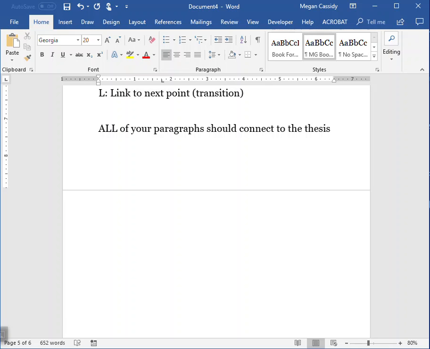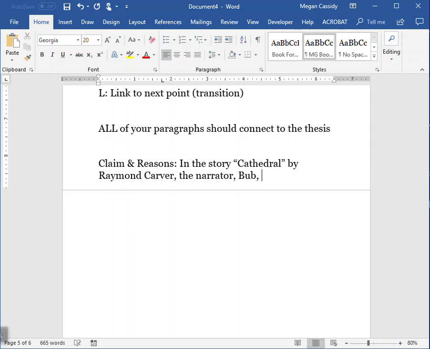So I'm going to make a claim here about the other story you read, which is Cathedral. So I'll have my claim and my reasons. In the story Cathedral by Raymond Carver, the narrator, Bub, has an emotional catharsis.